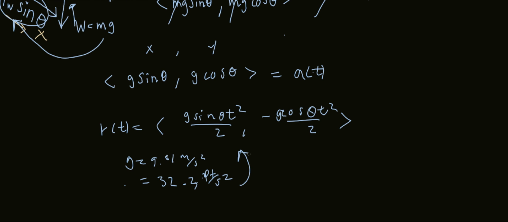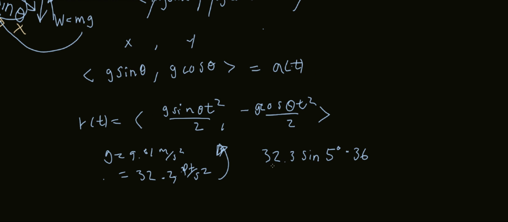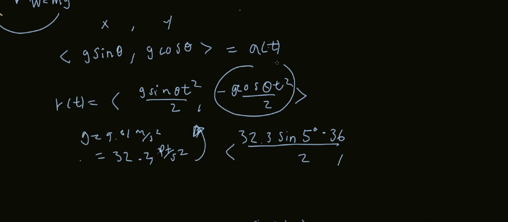So in this case, we're going to use the British units just to spice things up. And then sine 5, and then times 36, because we want to find out when time is at 6 seconds, right? And then you divide all of this by 2. And we can also do the same thing for the y component. So let's do that really quick.